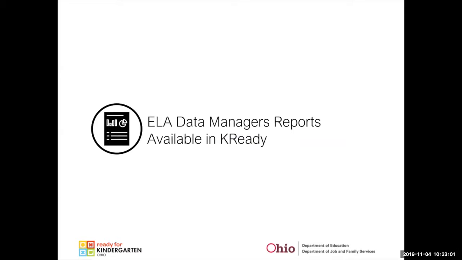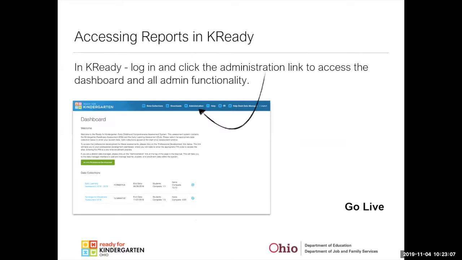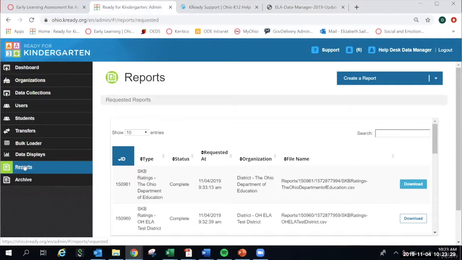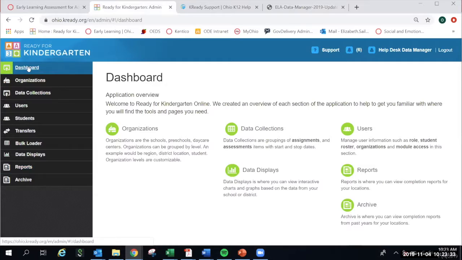So there are a few data manager reports that will be helpful to you in monitoring completion. And I will go live here to show you the reports that you will want to take a look at. If you are a data manager and you have an account, when you log in, you will have an administration button. So here on your dashboard, I'm going to go back to my dashboard.